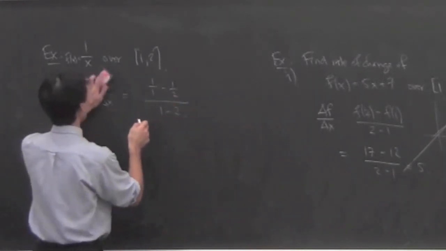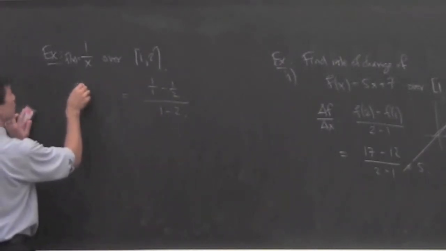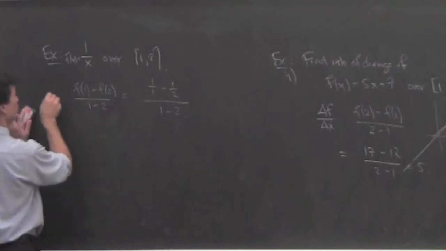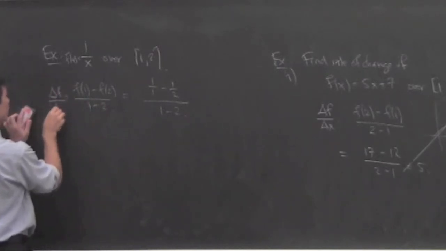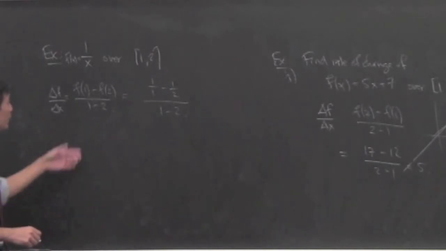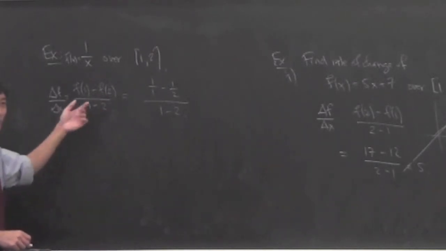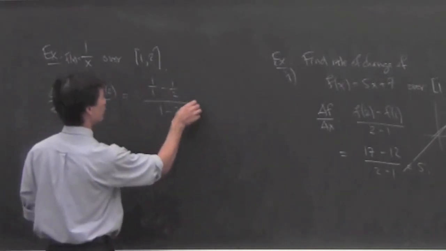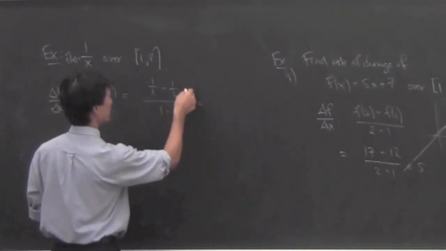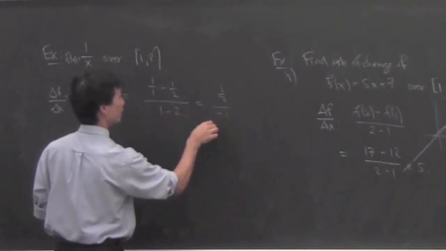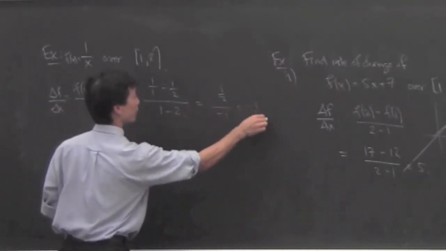So what you gave us is f of 1 minus f of 2 over 1 minus 2, the change in f over the change in x. For some reason I always do it the backwards way, but this way is the same. And so what do we get? We get 1 minus a half, that's a half. And then on the bottom, we get negative 1. And so we get negative 1 half.